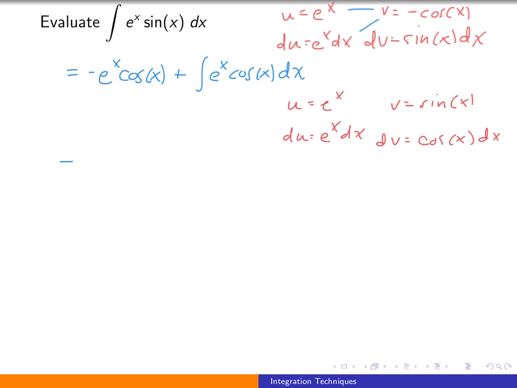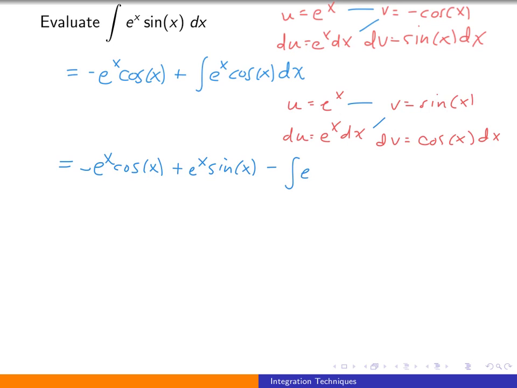So in this case, the minus e to the x cosine x comes down, and we're applying integration by parts to this integral, e to the x cosine x. So we have e to the x sine x, and we subtract away from this the antiderivative of v du.